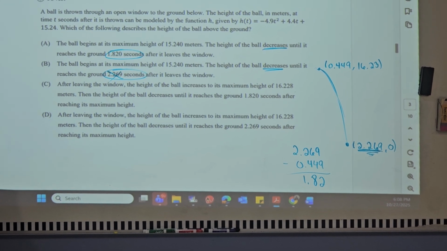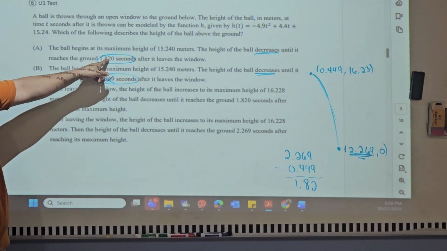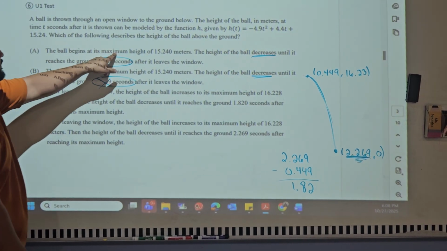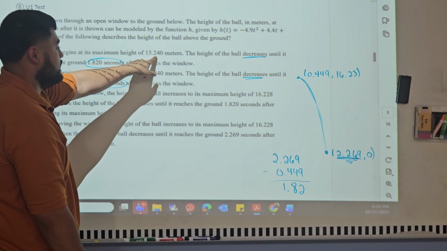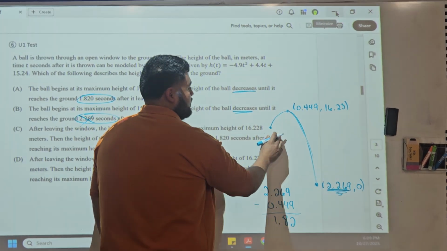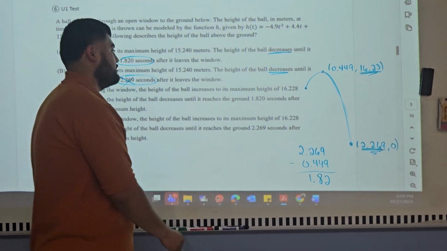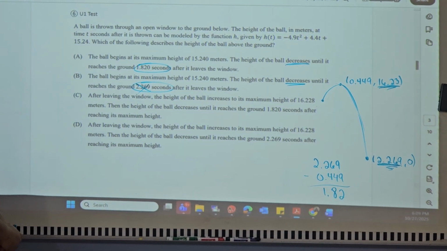That is beautiful, right? If you notice here on A, this is true, but the ball begins at a maximum height of 15.24. That is not true. That was our window when we were over here. But our maximum height is 16.23.